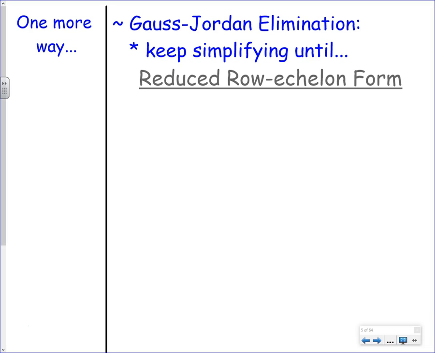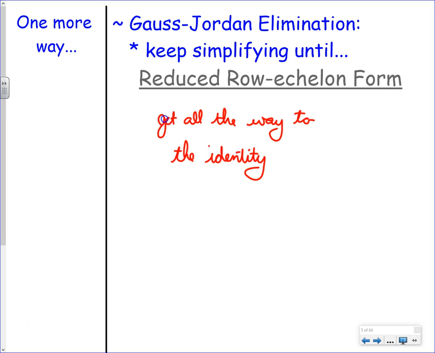We can actually keep going. Reduced row echelon form says, get all the way to what we now know is called the identity matrix. Keep simplifying until you get all the way to the identity matrix.